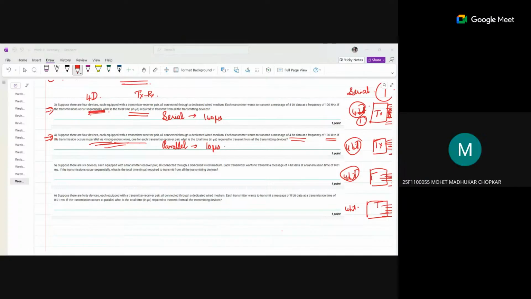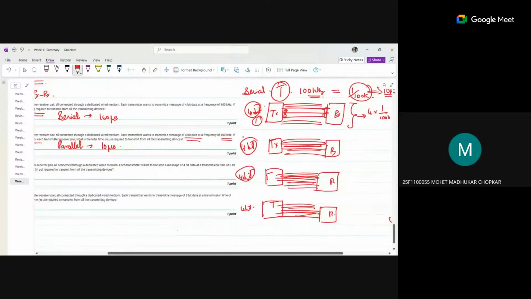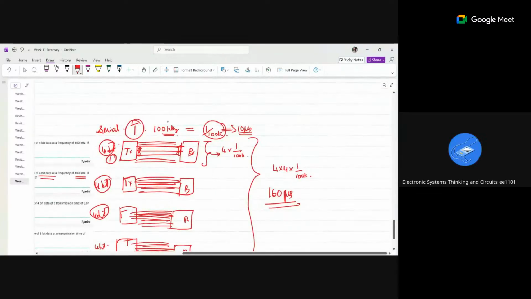Ma'am, can you recall the formula to find the time? See, frequency is given. For transmission of 1 bit they have given 100 kHz. I want to find the time to transmit 1 bit of data. What is that? 1 by frequency for 1 bit, right?